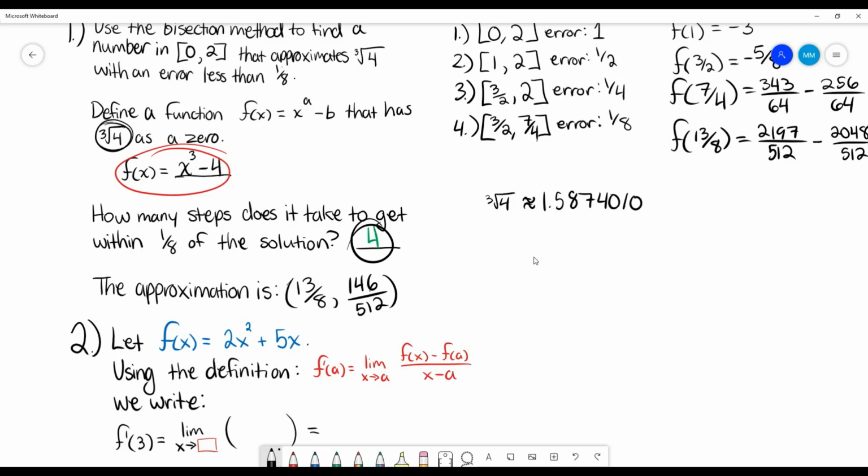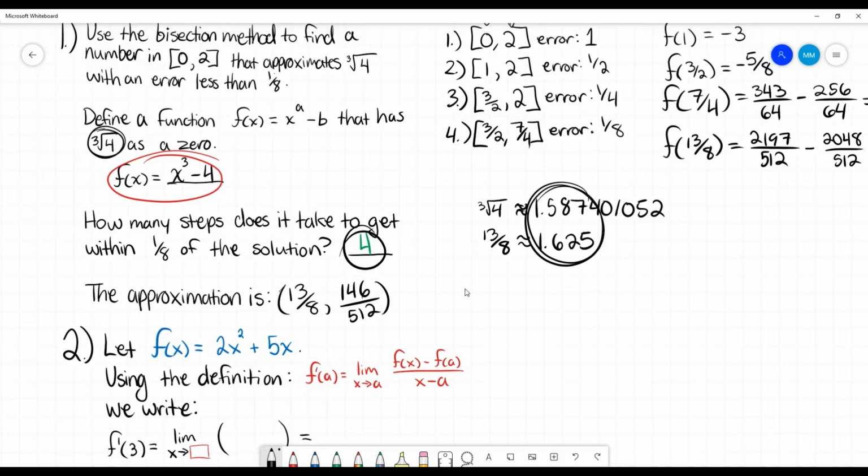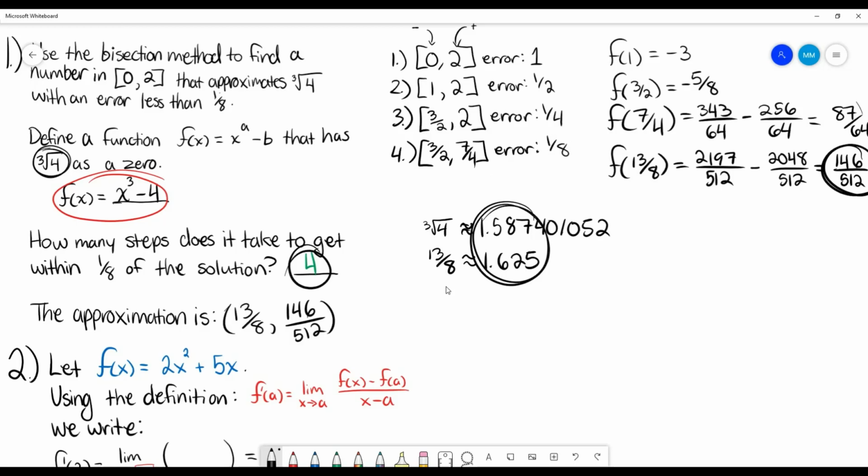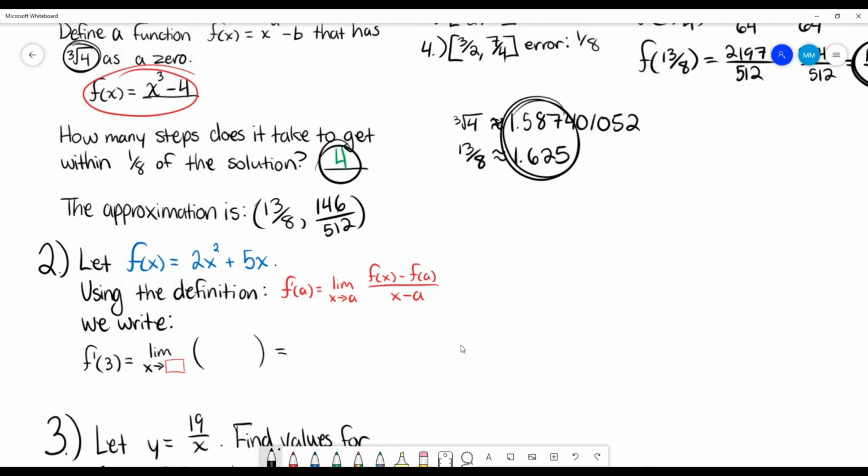It's something like this if you plug it into your calculator. And we can see that we got really, really close with our 13/8 actually, because if I look at that as a decimal, these are really close x values. So it tells us we did a really good job with our approximation, and we know that we got within our desired tolerance. So that is done.